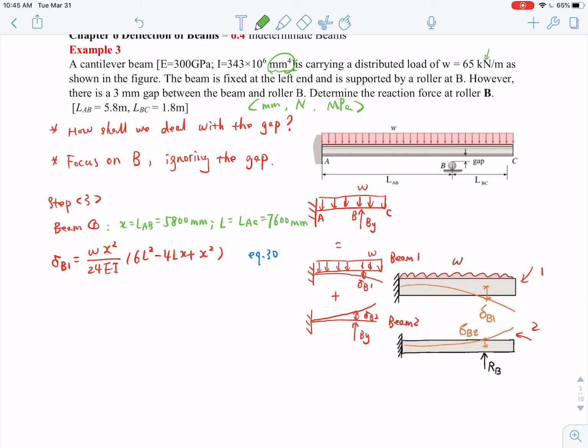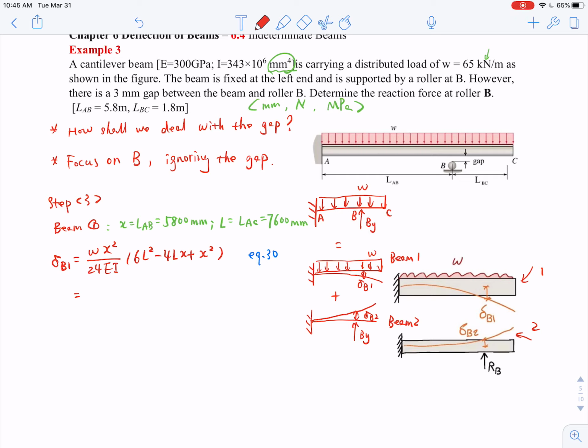Okay, using these numbers, we can calculate the delta B1. So that the W will be 65 kilonewton per meter, or just 65 Newton per millimeter.